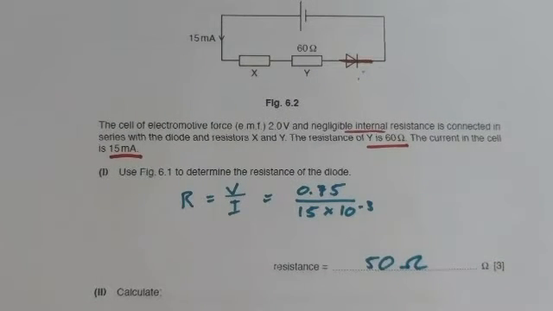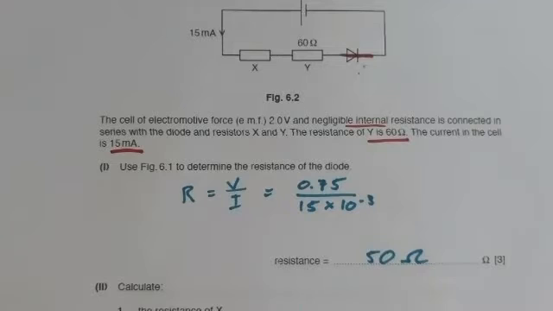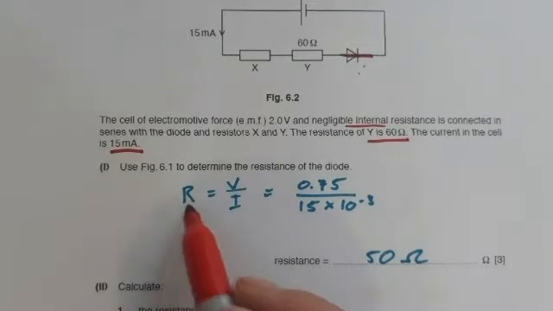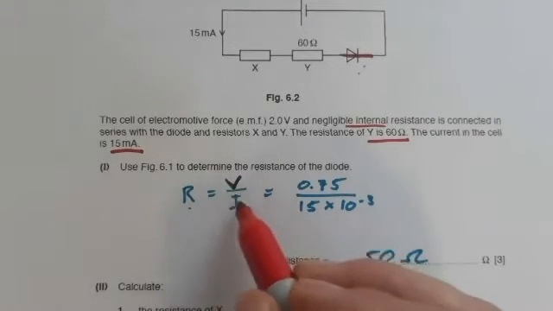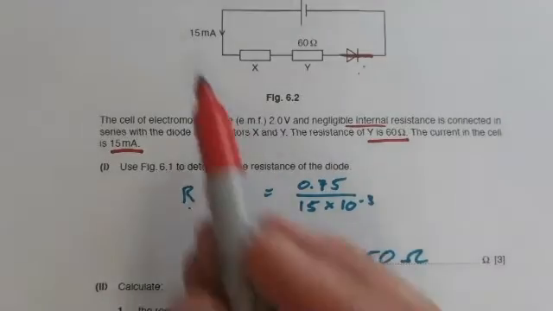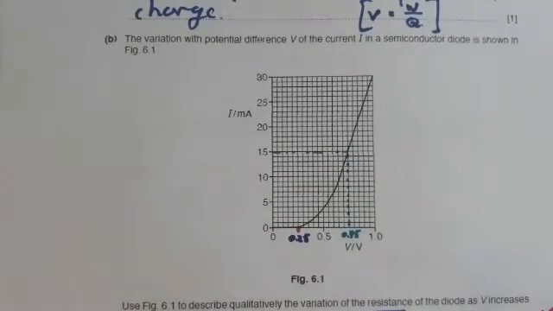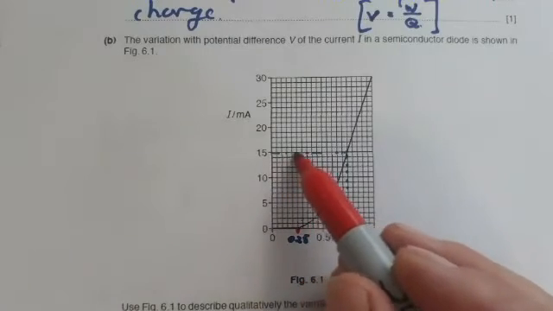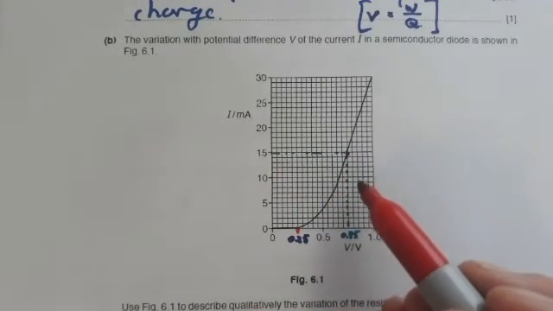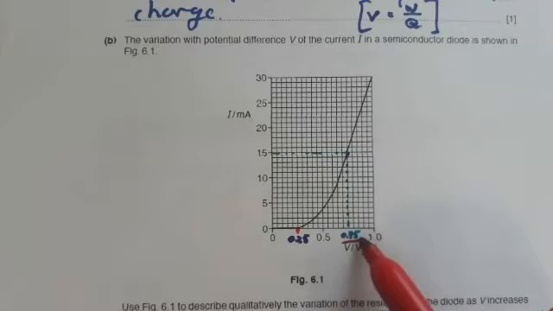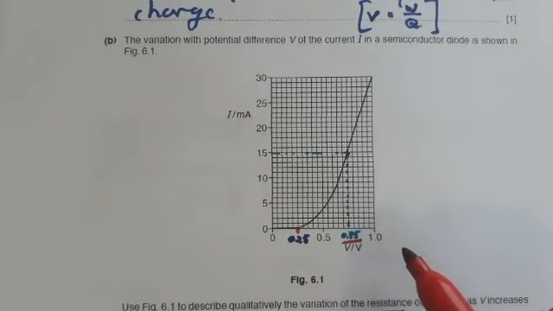Use figure 6.1, your graph, to determine the resistance of the diode. What do we need to get? Resistance is potential difference divided by current. For a particular current, my diode would have a particular potential difference. So please do this: if we know the current, use a ruler, dotted line, it crosses, come down, and it's 0.75 volt.